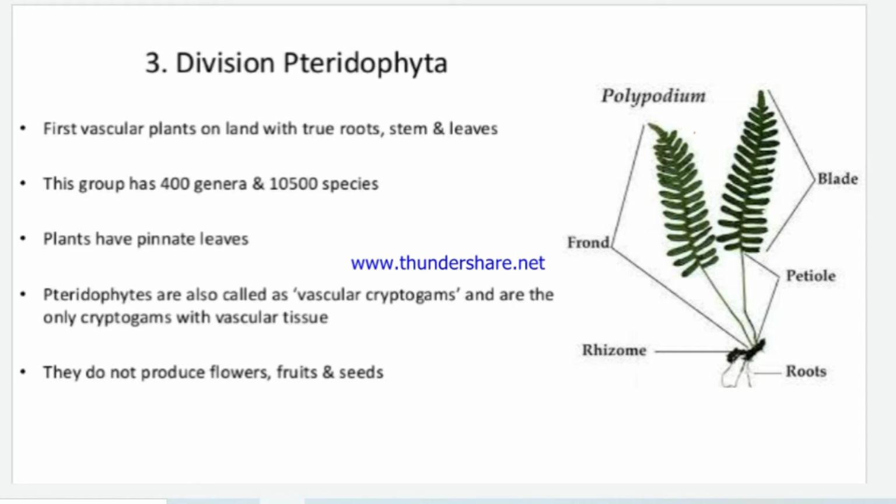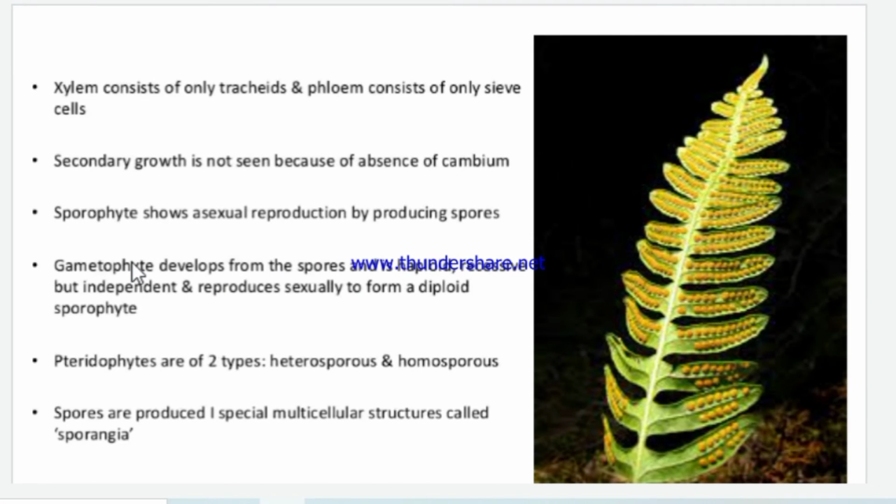The leaves of the pteridophytes are pinnately compound leaves. The pteridophytes are also called the vascular cryptogams. Cryptogams because they have hidden sex organs, and they have vascular tissue. But they do not produce flowers, fruits or seeds.